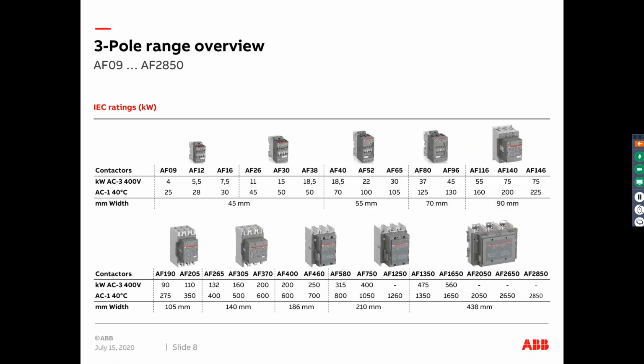This technology is used in all our contactors from AF09 up to AF2850, which is one of the biggest block type contactors in the world at the moment. If you ask me where it is used in renewable energy, that is wind farms. All the wind turbines will have AF contactors.